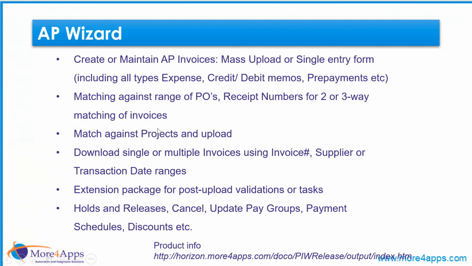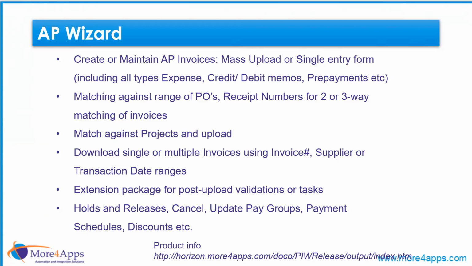So you can also do matching against POs, receipts, and you can match against projects also. Then you can also download your invoices, one or multiple invoices, using the invoice number, the supplier, or the transaction date ranges.